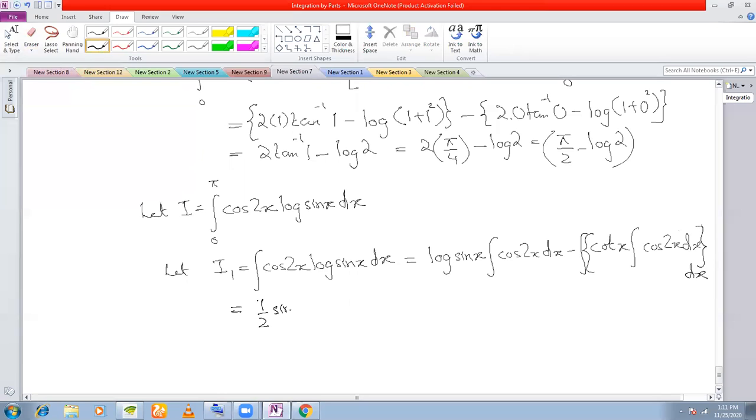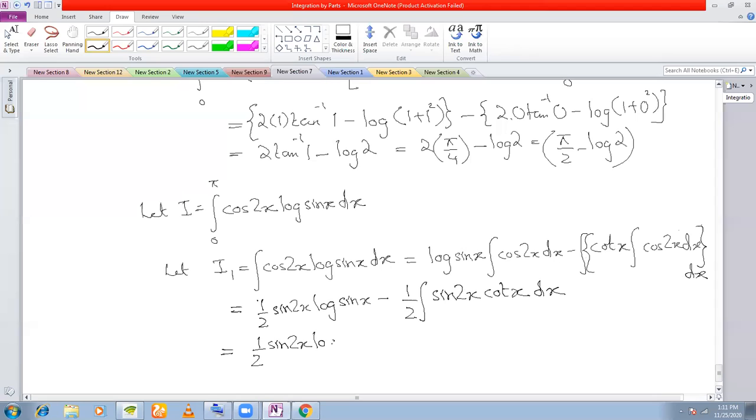Half sine 2x log sine x minus, now this is again half sine 2x, half integral sine 2x cot, um, this is cot 2x actually. No, this is cot x. Sine 2x cot x dx, right?